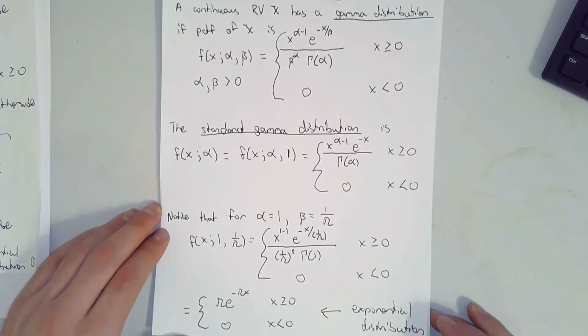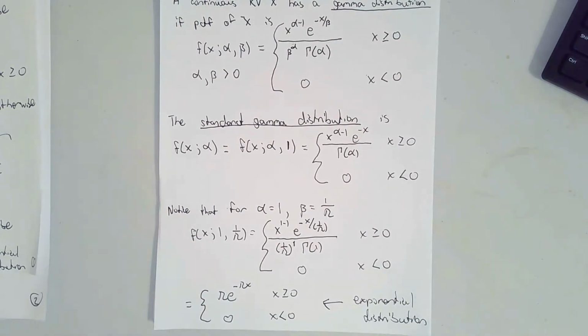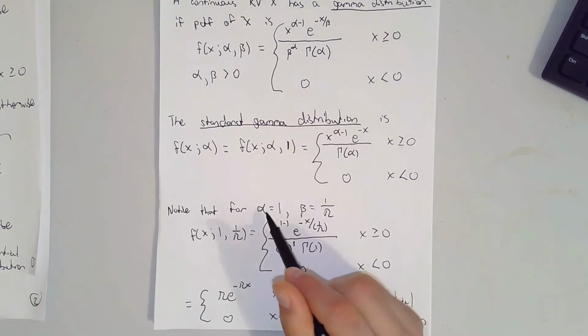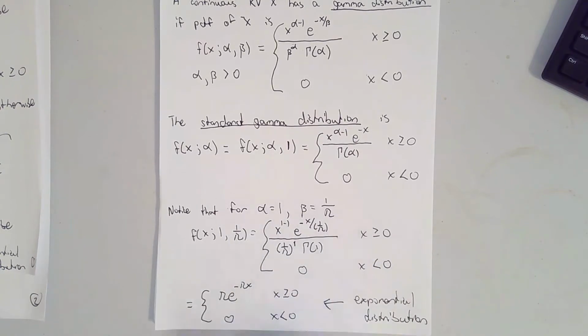So what we can conclude from this is that the gamma distribution is a generalization of the exponential distribution. In other words, anything that is an exponential distribution is a gamma distribution, particularly with the parameters alpha equals 1 and beta equals 1 over lambda.